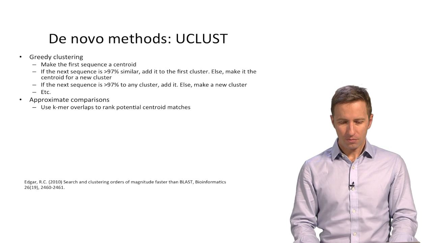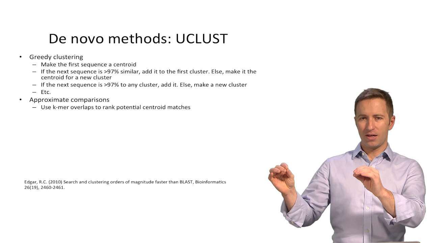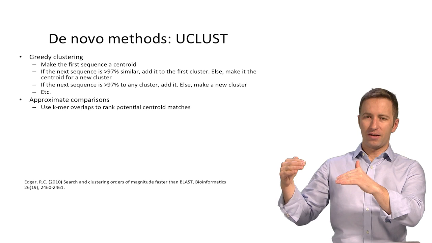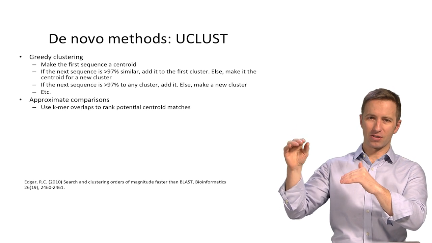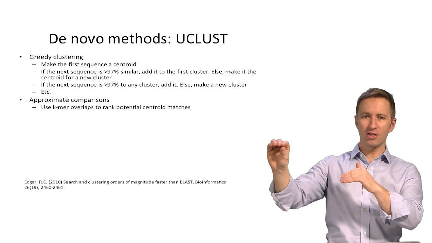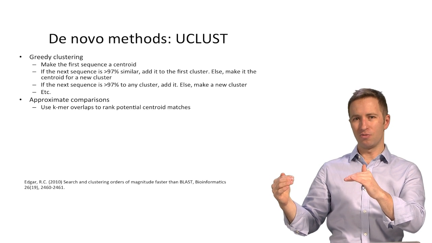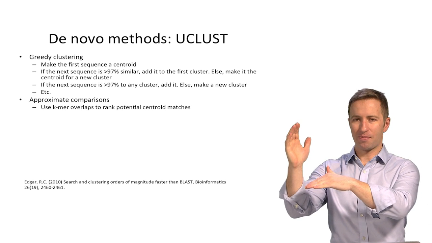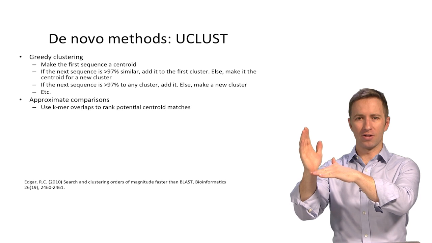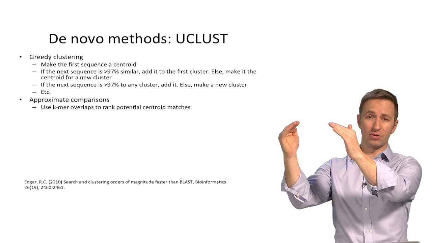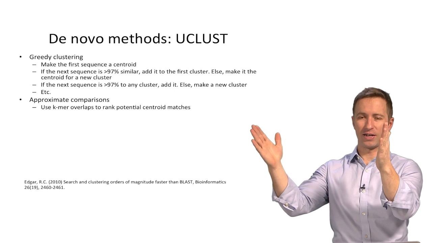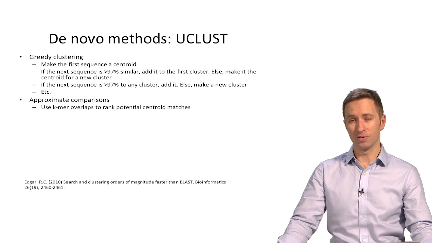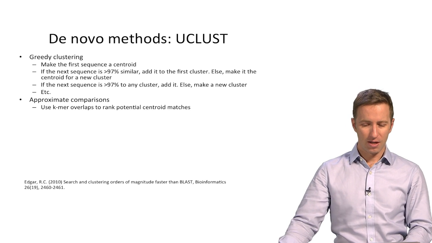So you take a new sequence that you haven't compared to anything yet. You look at its k-mers. You see what the overlap is between its k-mers and the k-mers in each of the centroids you've already picked. And you use that to make a guess about which ones it might match closely. Then you take the top 32 or so, and then you do actual alignment where you find out what the percent identity is by doing a local sequence alignment or a semi-global sequence alignment using the Smith-Waterman algorithm.